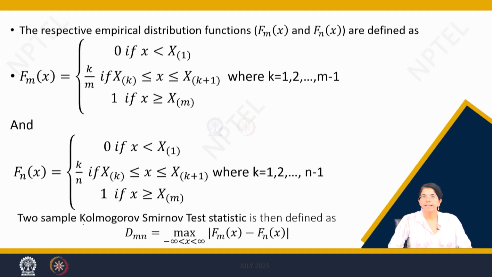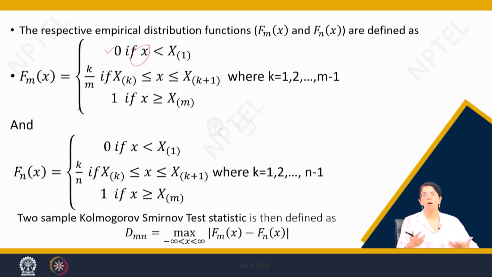The respective empirical distribution functions Fm(x) and Fn(x) are defined as follows: Fm(x) is 0 if your small x is less than the smallest observation, x order 1. Clear? Just keep in your mind the basic definition of empirical distribution functions. Whatever I have written here is mathematical, but I would prefer you to build your own concept.